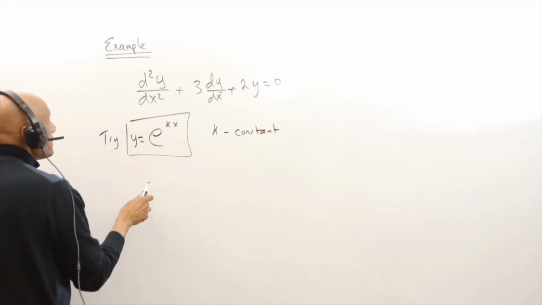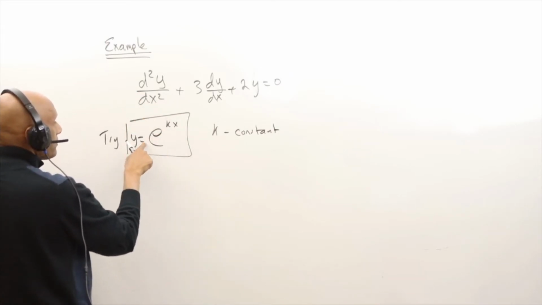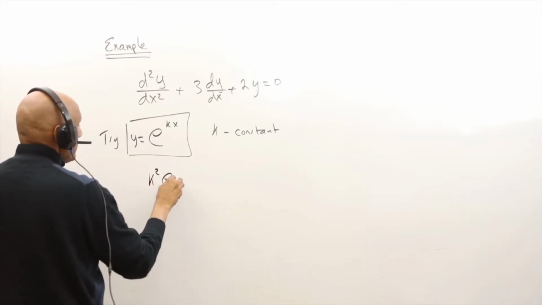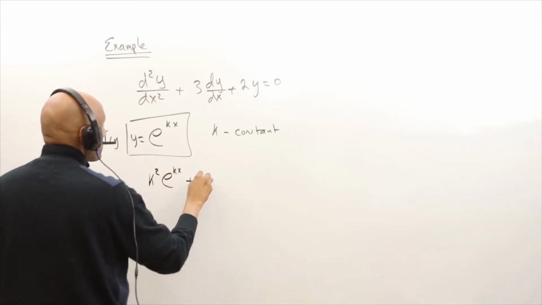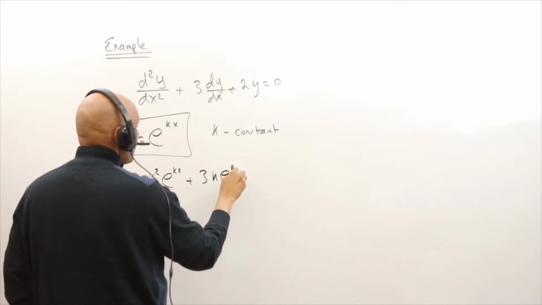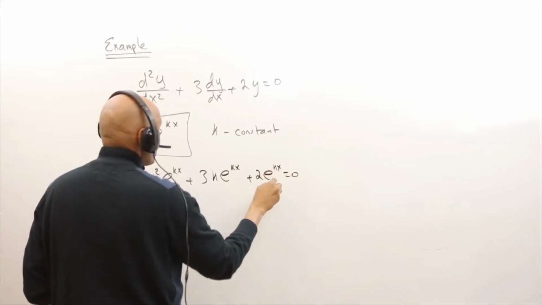Substituting this into our differential equation, every time we take a derivative, a k drops out of the exponential. So we get k squared e to the kx plus 3 times the first derivative, k e to the kx, plus 2 e to the kx equals 0.